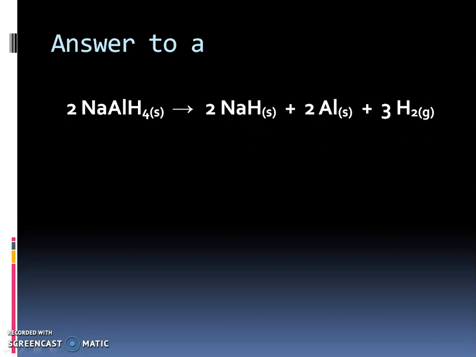So again, you're not going to have to predict products, not even on the AP exam, but I wanted to show you this reaction because it's something that you're not used to seeing. I don't want the AP exam to kind of trick you, right? This is not a trick reaction, but it does exist. So that's why I still have this on here.